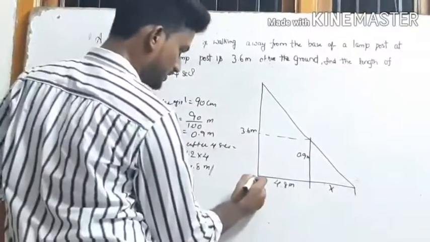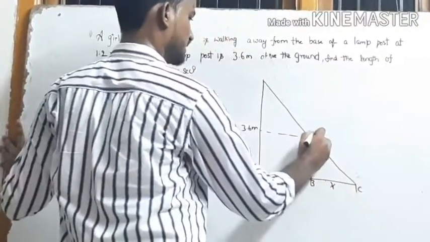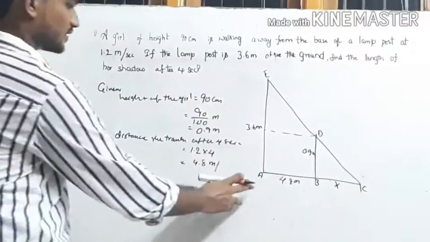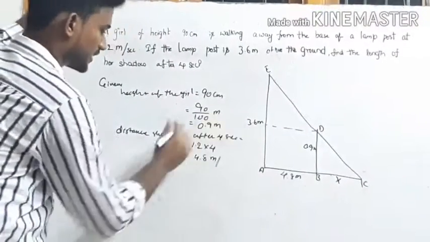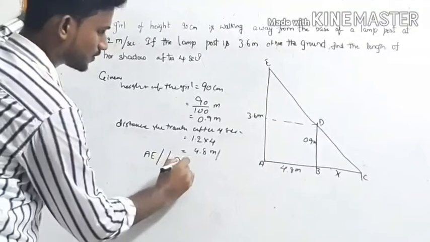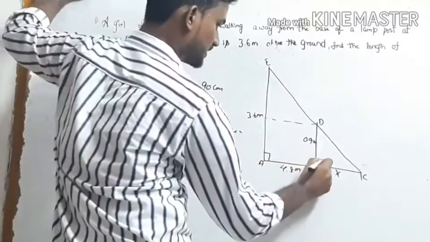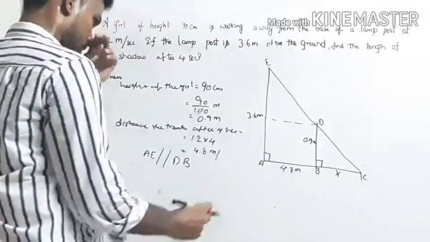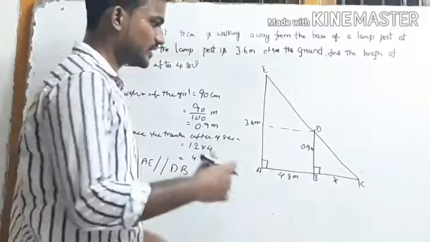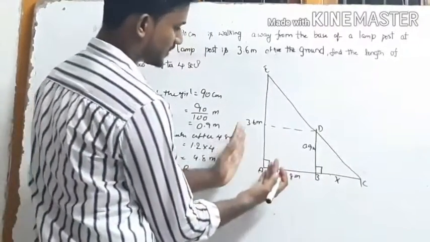We denote this A, B, C, D, E. From this diagram, AE is parallel to DB, and it is 90 degrees and also 90 degrees. A girl is standing straight, so from base to height it is 90 degrees, and the lamp post is also 90 degrees from base to height.